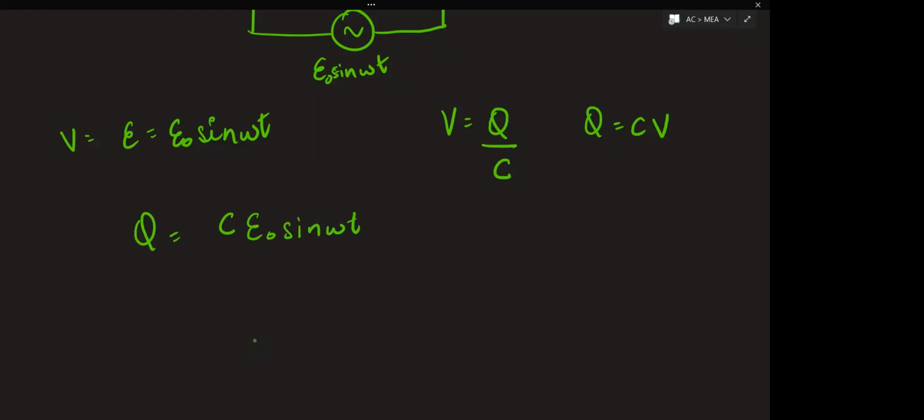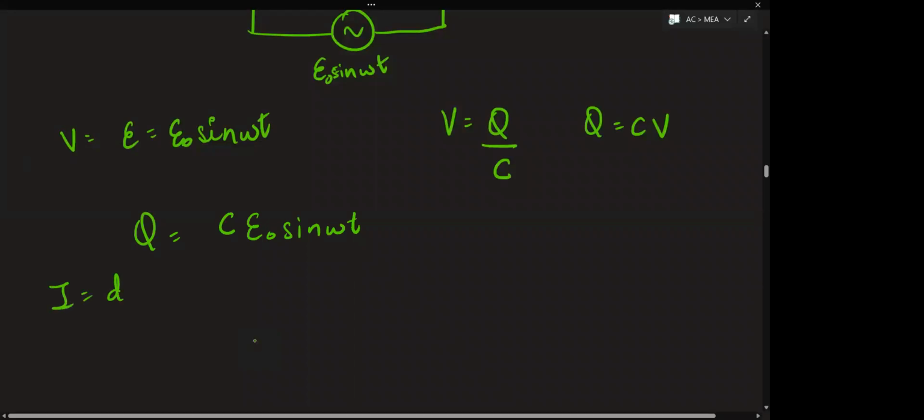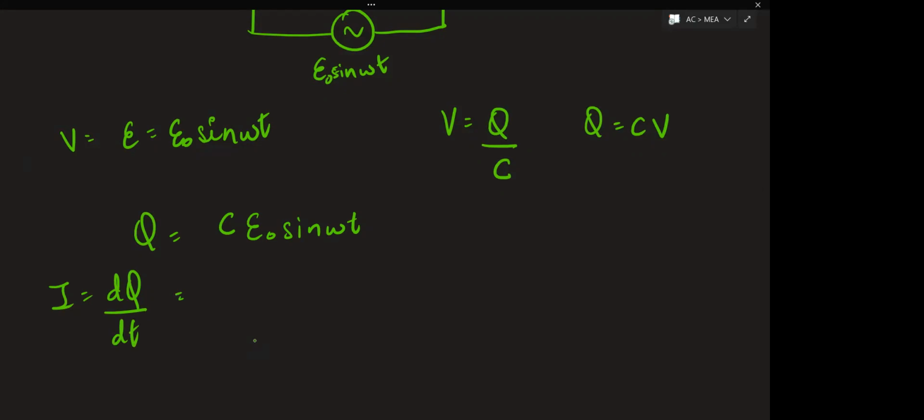Now, current at any instant is given by the differentiation of charge with respect to time. This is an easy, very short derivation.